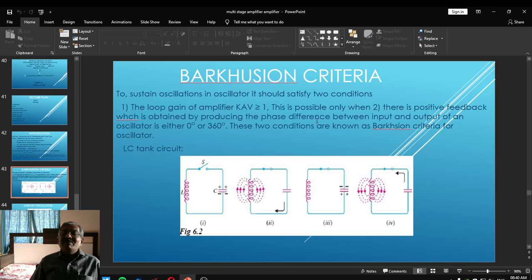Student friends, today we are going to consider how oscillations are generated in the LC tank circuit.